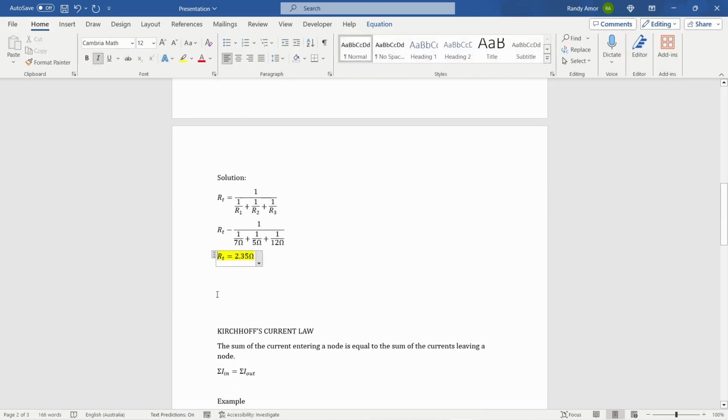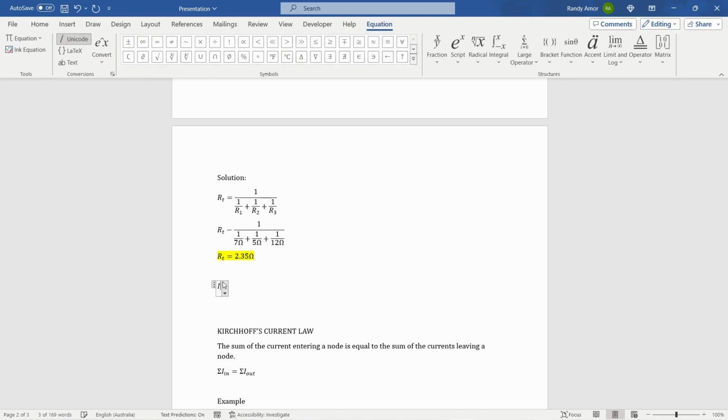Then we can find the total current IT by using Ohm's law. So IT will be equal to the voltage E divided by RT.